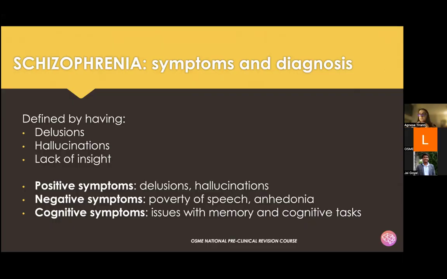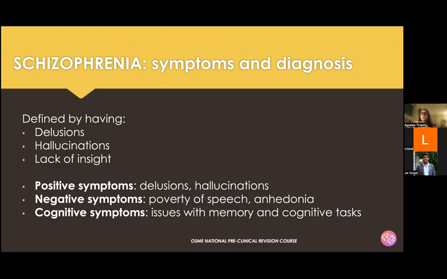Negative symptoms are the opposite: what a healthy person normally has, but people with schizophrenia do not have. So poverty of speech, trouble talking, and anhedonia, which is lack of pleasure doing things. And then cognitive symptoms, like memory issues and difficulty doing cognitive tasks.